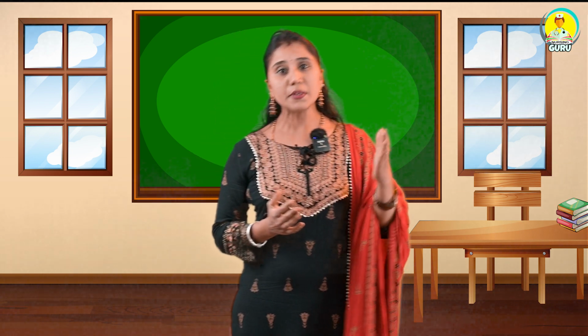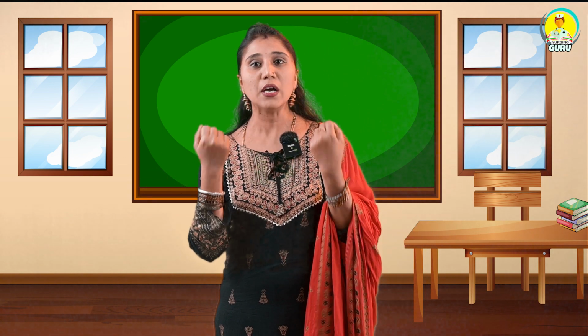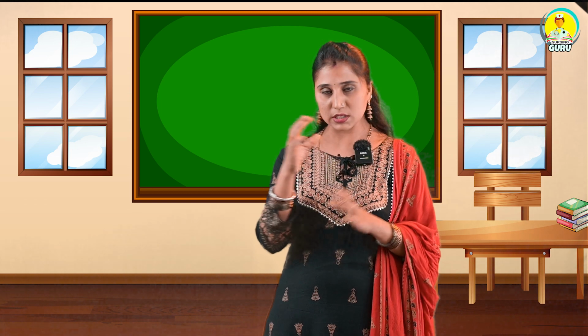Coming to the 28th week of fetal development, we can see that the fetus weighs about 1.1 kilograms, and there will be rapid development of the brain, and the limbs are well flexed. These are the things we can observe in the 28th week of fetal development.